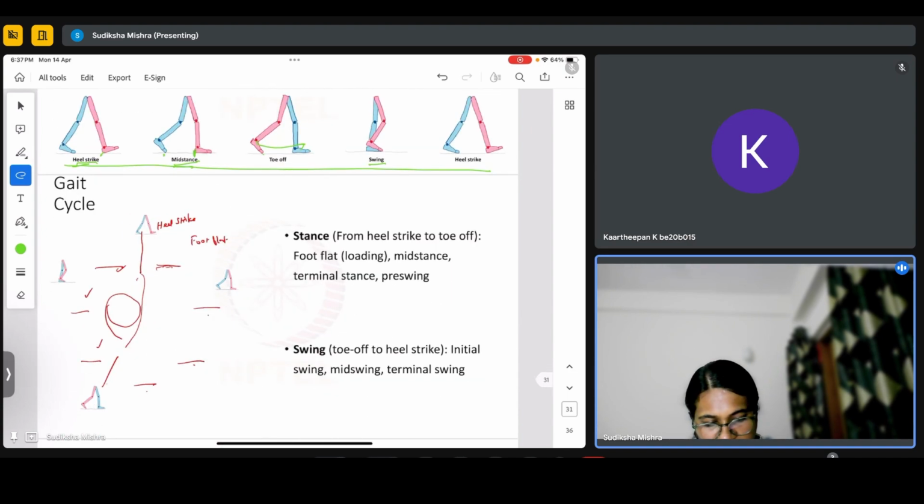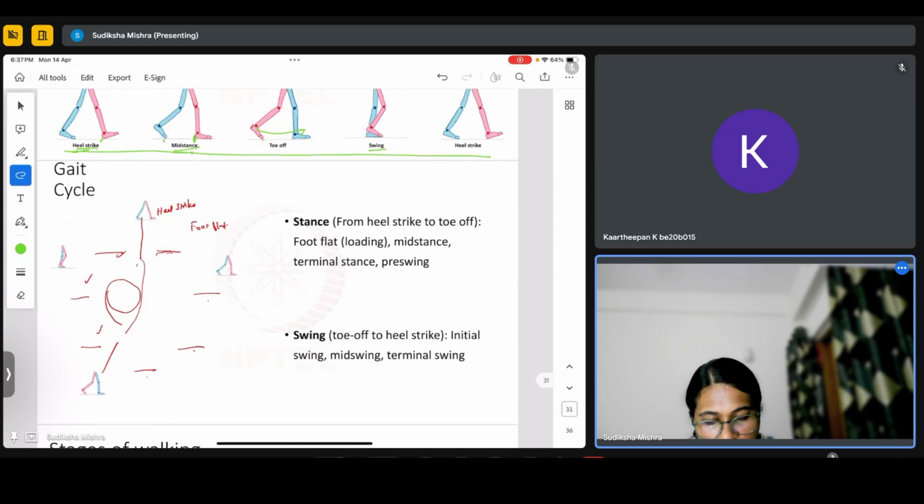Okay, I don't know why this isn't there. Anyways, so there are two phases: stance phase and swing phase. The swing phase is essentially this portion, whereas the other portions are the stance phase, from heel strike to toe off.